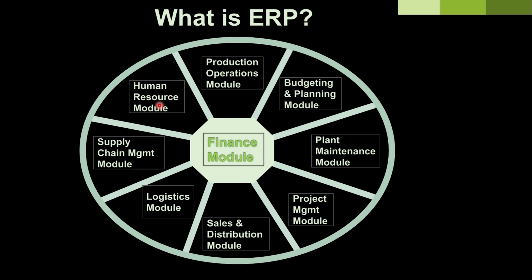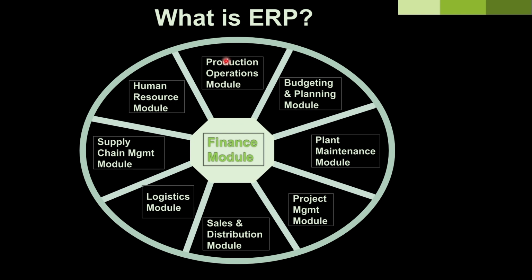So if in human resources, for instance, the staff is entitled to a certain allowance, and that allowance is initiated for payment to that staff and approved, then that financial aspect of the record will be automatically posted into the appropriate register within the finance module.